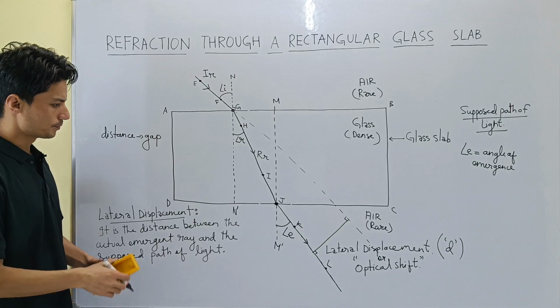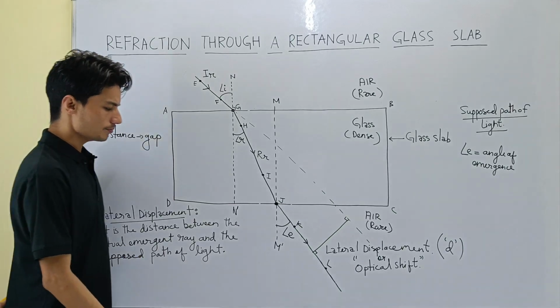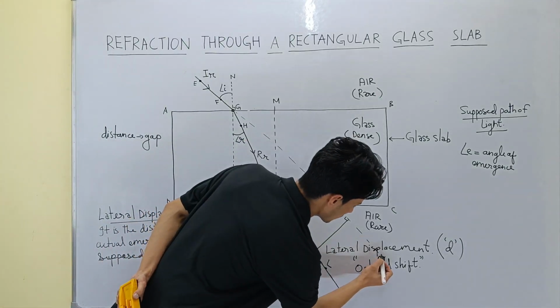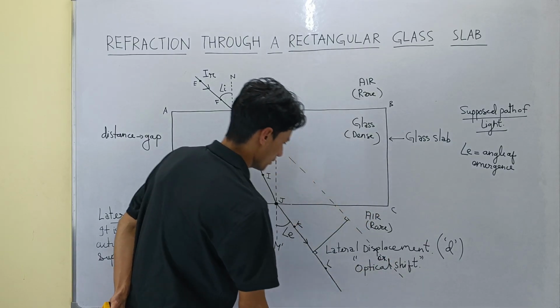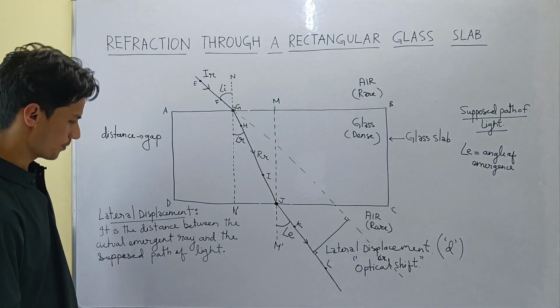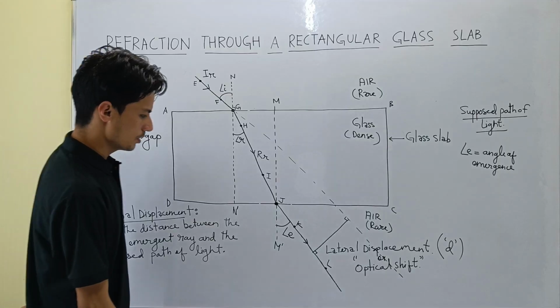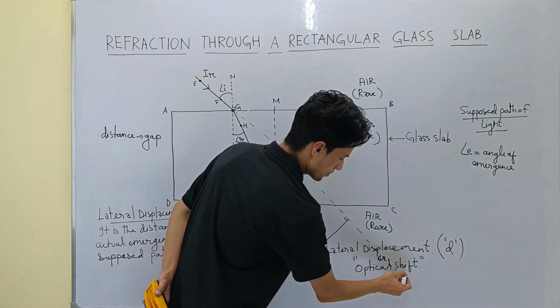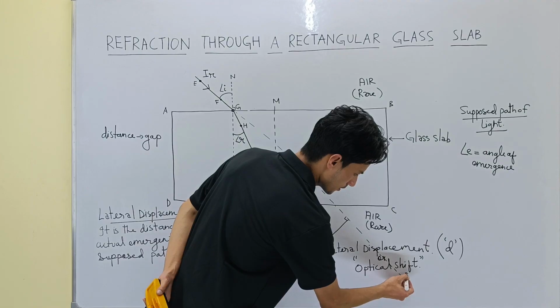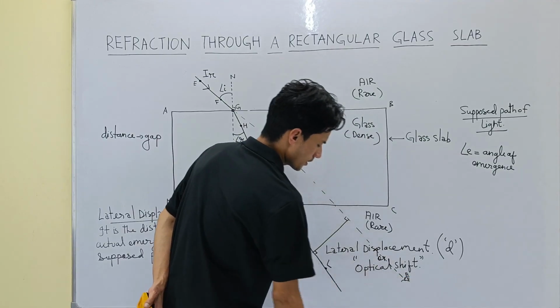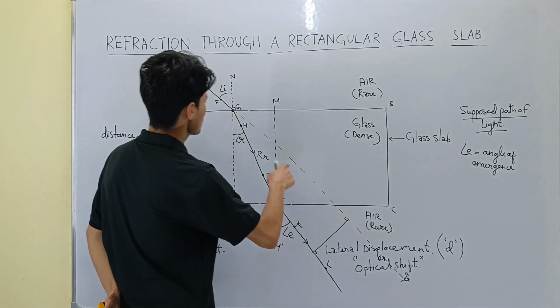Now why is it called optical shift? If I extend this line like this here, a person keeps his eyes here and tries to see this object.